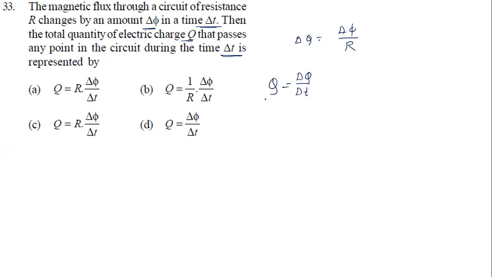That's what we call current. We already know delta Q, so we insert the value. It becomes 1 by delta t multiplied by delta phi by R, so it becomes 1 by R times delta phi by delta t. So where is the option? B is the right answer.